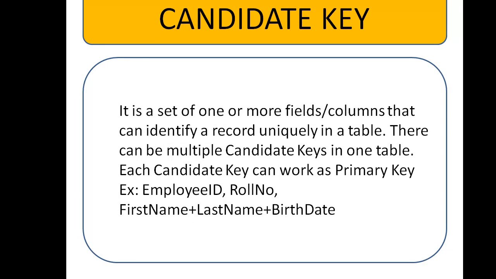Second one is candidate key. A candidate key is a set of one or more columns that can identify a record uniquely in a table. There can be multiple candidate keys in one table. Each candidate key can work as a primary key. It's eligible to be marked as a primary key. That kind of column is called a candidate key. Here, employee ID is already the primary key and roll number is a unique key.